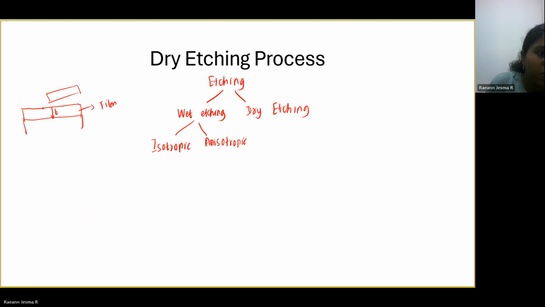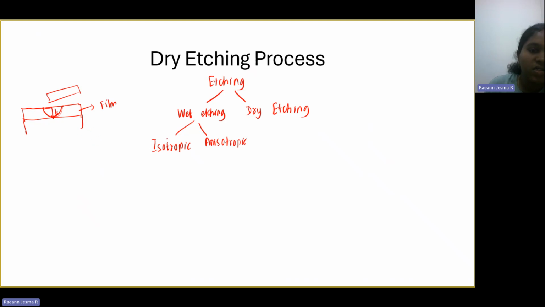In anisotropic etching, your vertical direction will have a different etch rate compared to your lateral directions, and this anisotropic etching is generally seen in silicon, where you have different planes, right? 100, 110, 111, and so on.